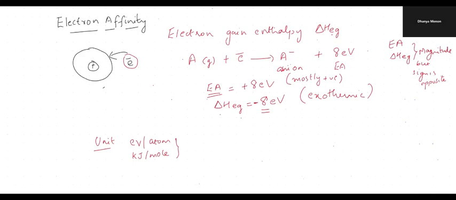Suppose the electron affinity for any reaction, when an electron is added to an atom, is plus 12 eV. What is the electron gain enthalpy? The magnitude will be 12. What will be the sign? It will be negative. This is what you have to remember.